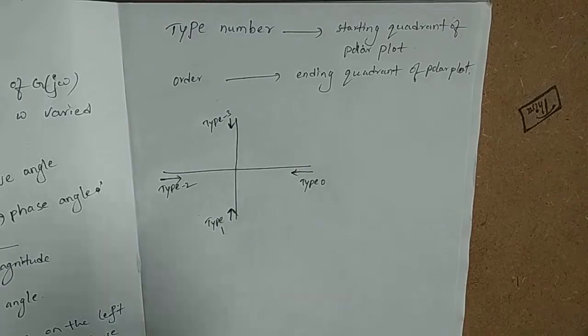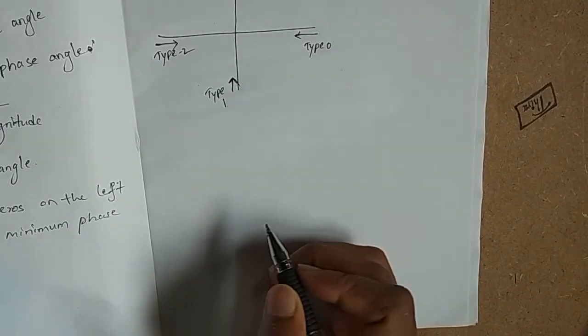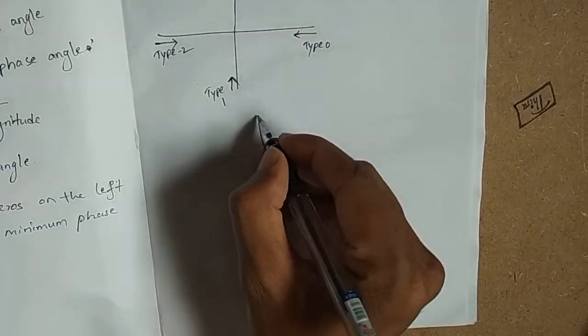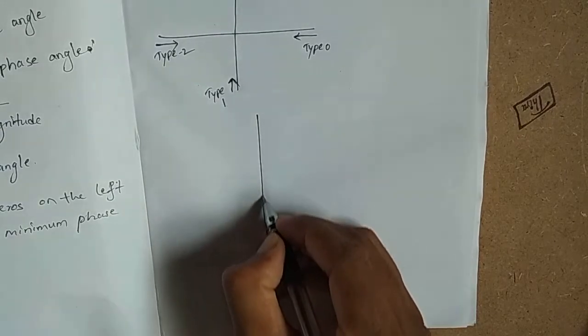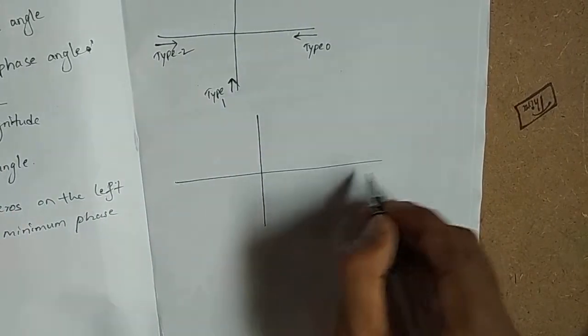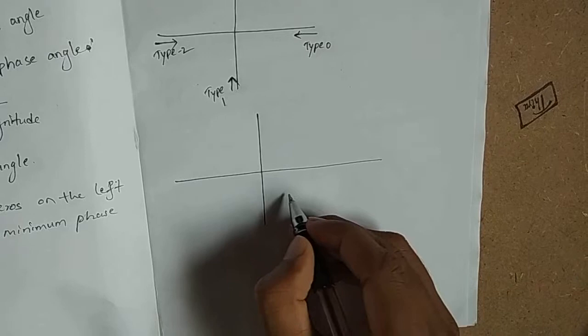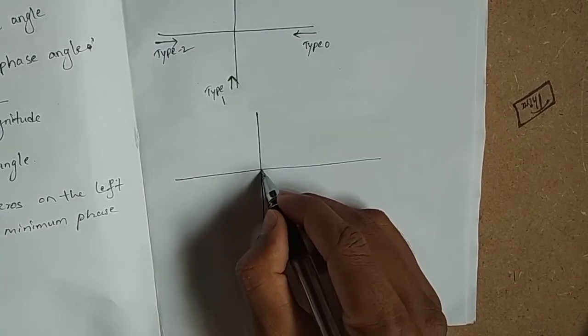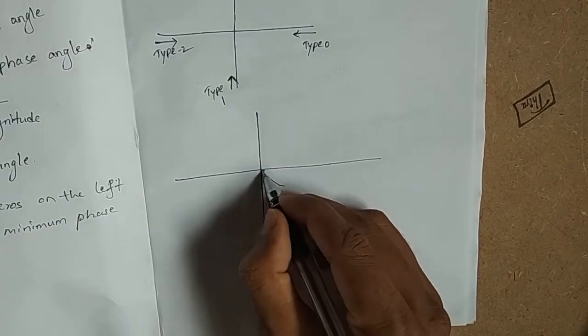Based on the type number, and based on the order of the system, the ending quadrant of the polar plot is like this. If order is 1, then the polar plot ends in quadrant 4.